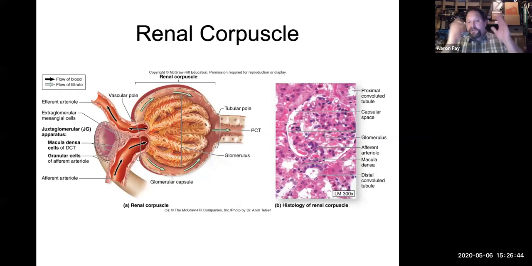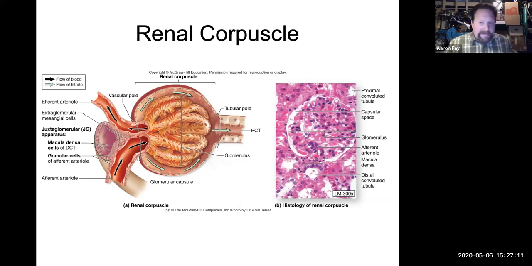So this is just one mechanism by which the body can regulate how much filtrate is produced, regulate the volume of blood. A lot of blood gets filtered every day. All the various renal corpuscles throughout the body are actually going to filter 180 liters of blood a day. That's a huge amount.